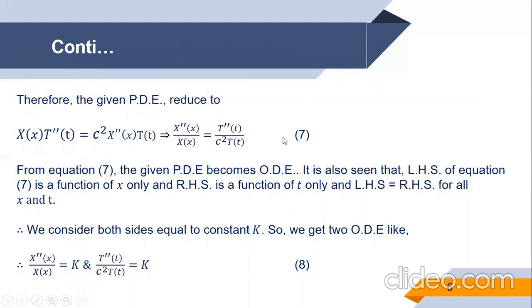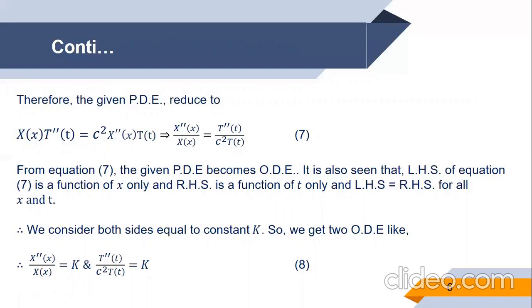So in equation 7, the given PDE becomes ODE. It is also seen that the left hand side of equation 7 is a function of x only, the right hand side is a function of t only, and the left hand side is equal to the right hand side for all values of x and t.